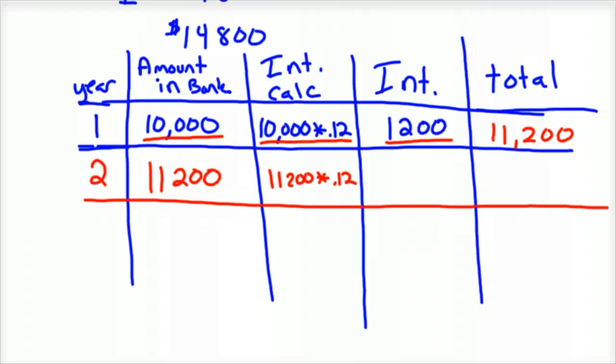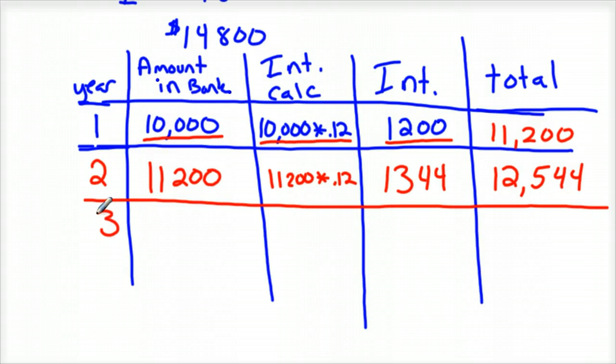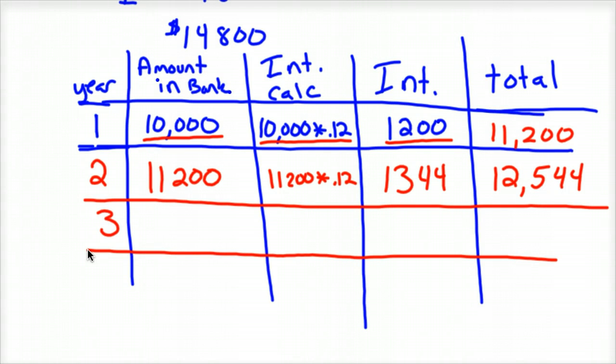So we're going to actually make more money the second year. In fact, if you multiply those two, you get $1,344. Now you add the $11,200 plus the $1,344, and now in the bank we have $12,544 at the end of the second year. That's pretty cool. Starting to grow. It's growing more every year for us now because of the compounding element.